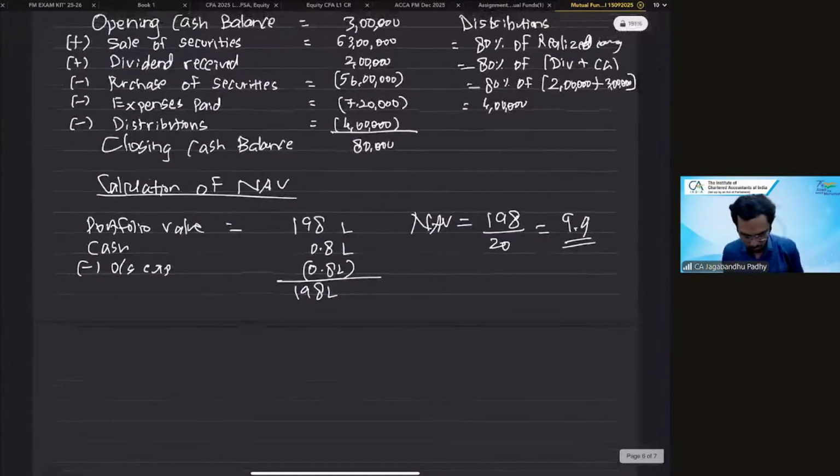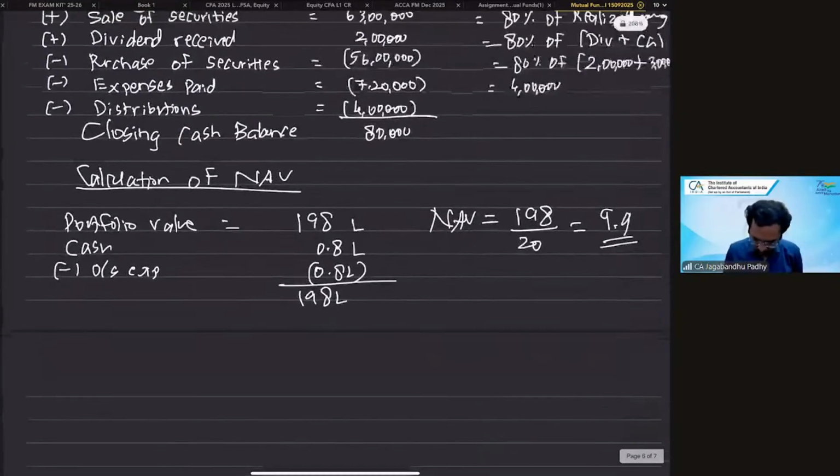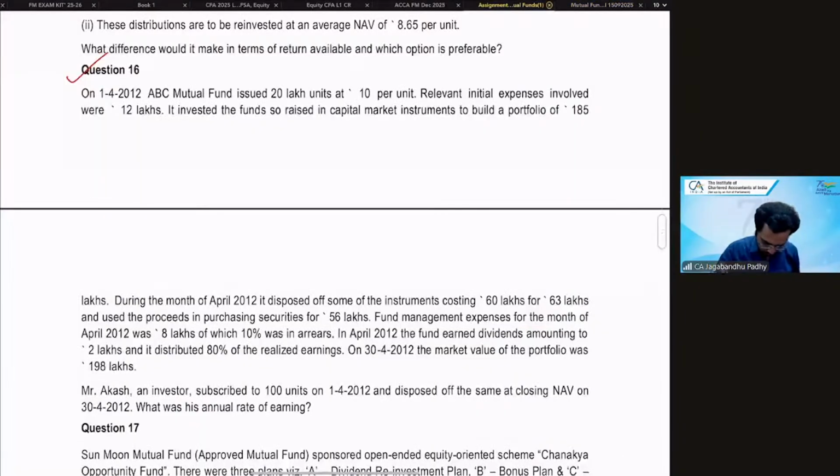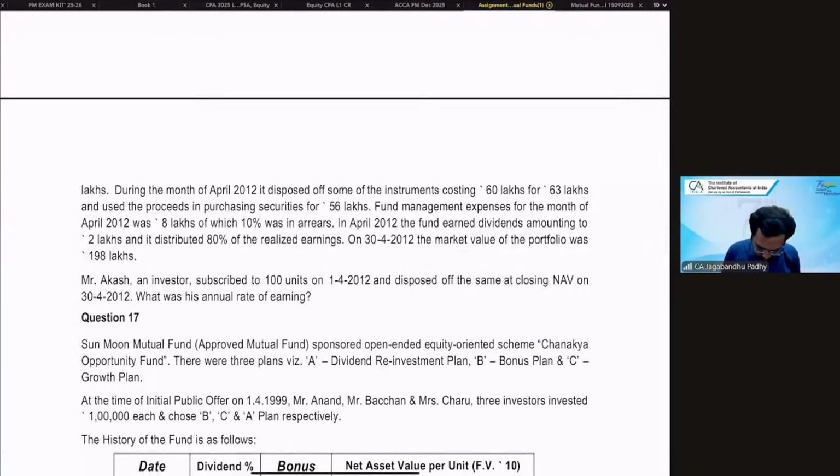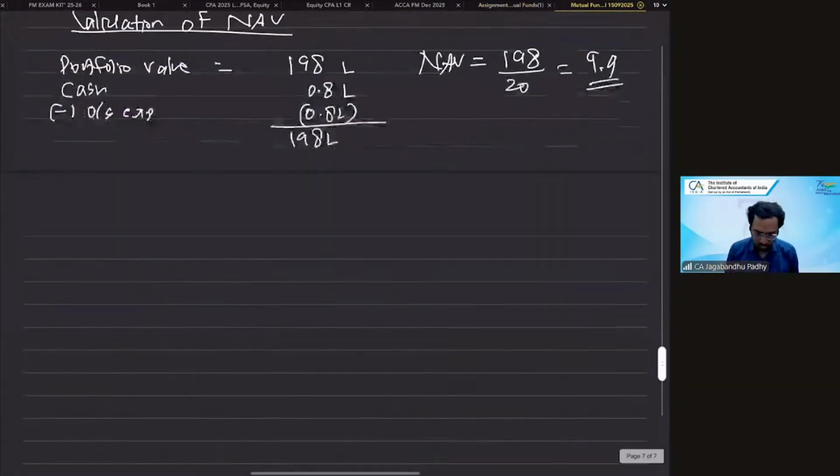So now we have to calculate for Mr. Akash, who has subscribed to 100 units and is disposing of the same at the closing NAV. What was his annual rate of earnings? He has subscribed to 100 units, right?